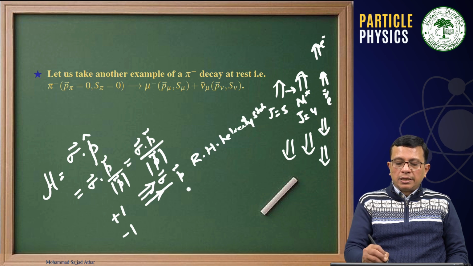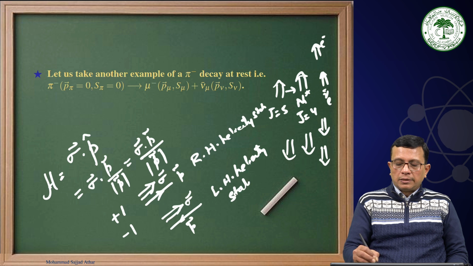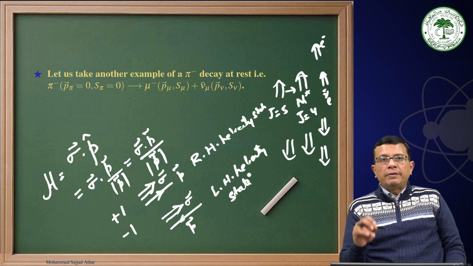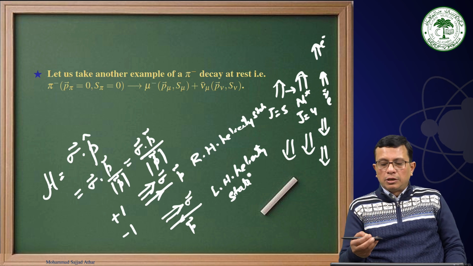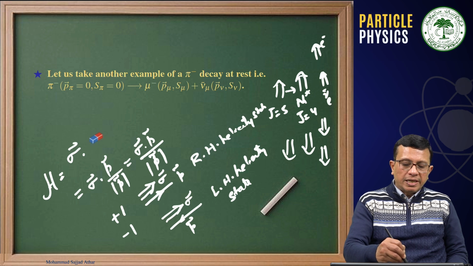When spin and momentum are in the opposite direction, we have the left-handed helicity state. Now, a massless particle will have a definite helicity. For example, neutrinos will have definite helicity.